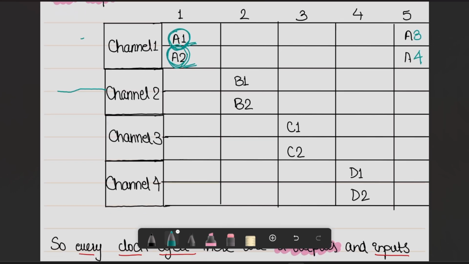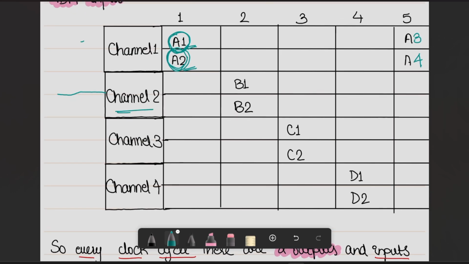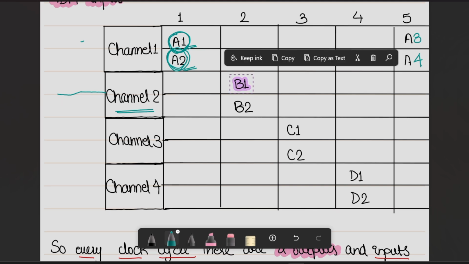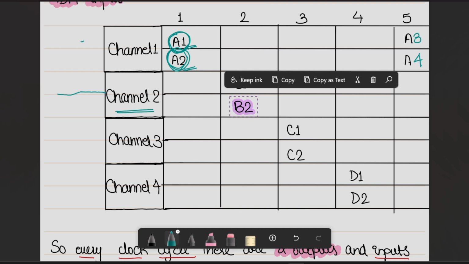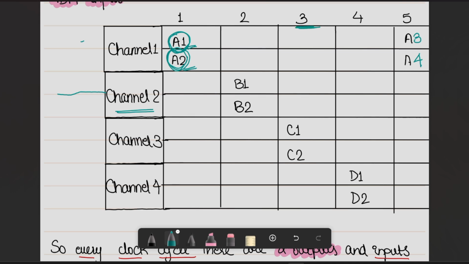For the second clock cycle, my channel 2 also has 2 paths and will process B1 and B2. For channel 3 and clock cycle 3, I would have C1 and C2 being processed. For clock cycle 4, channel 4 will be used and it will process D1 and D2 simultaneously.